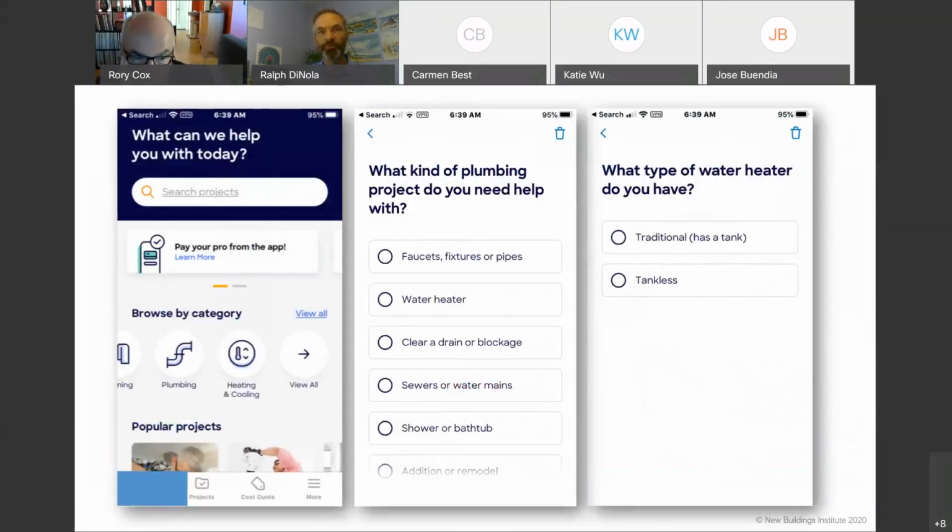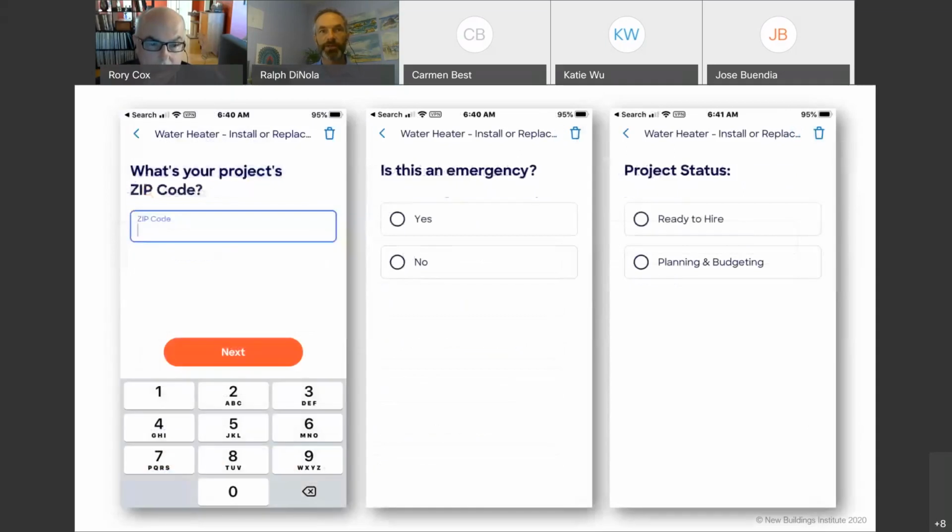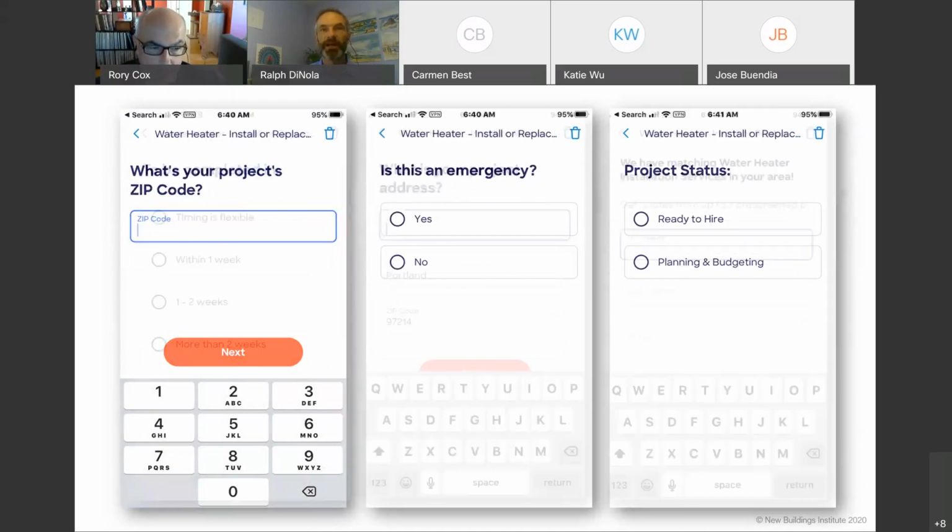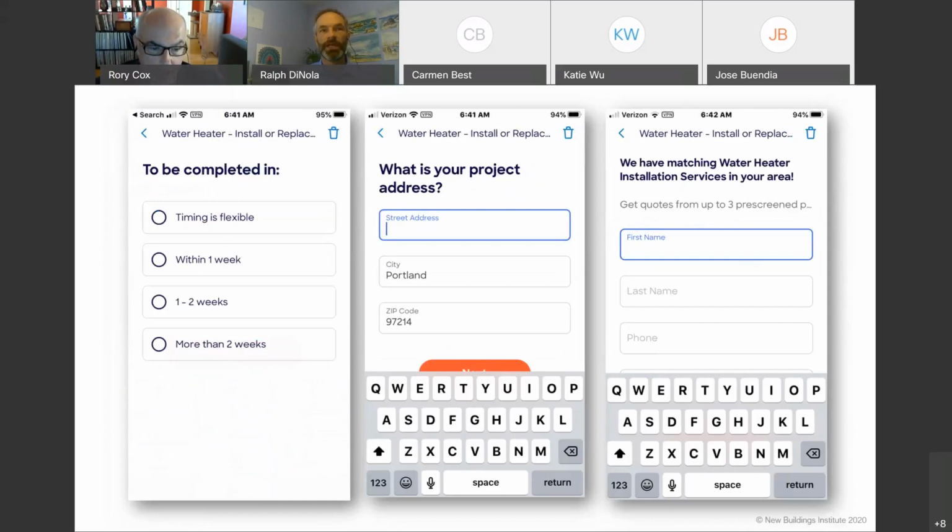This is a home improvement application that you can have on your smartphone. This customer journey took nothing more than 3 minutes to select a plumbing project, a water heater replacement with a tank type water heater, and just giving some simple information: my zip code, whether it's an emergency or not, letting them know I'm ready to hire, that I have flexible timing, and giving them my address.